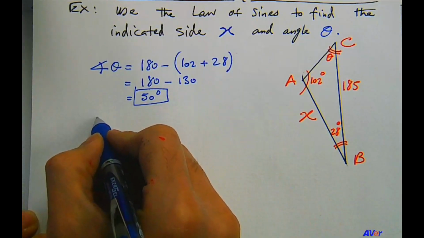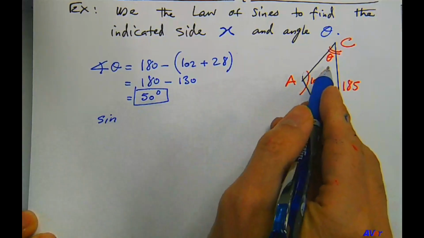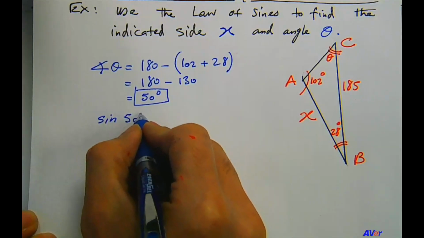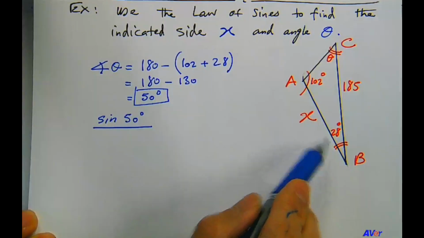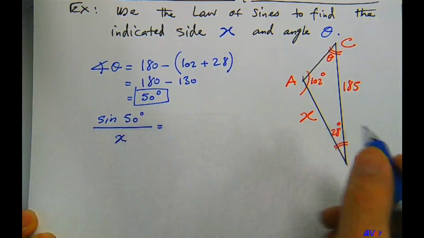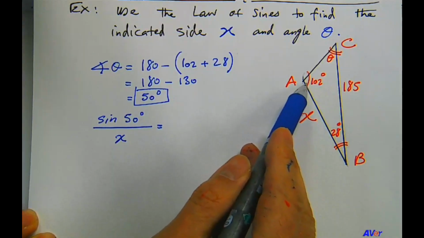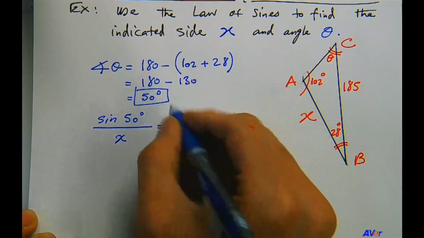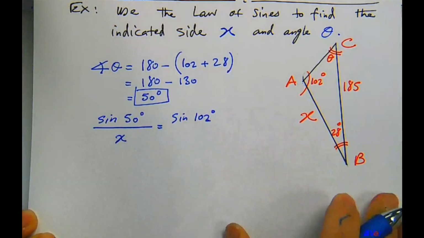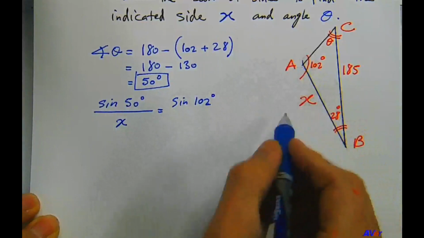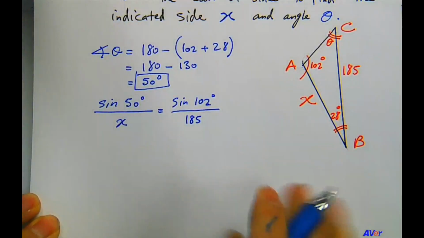So we can write sine of 50 degrees divided by the length of the side which is opposite to it, which is X, equals, we have the other side given to us, so we're going to use the sine of 102 degrees divided by the length that is opposite to it, or 185.